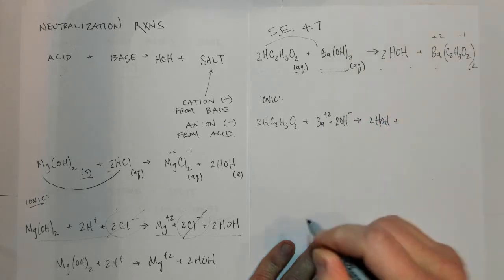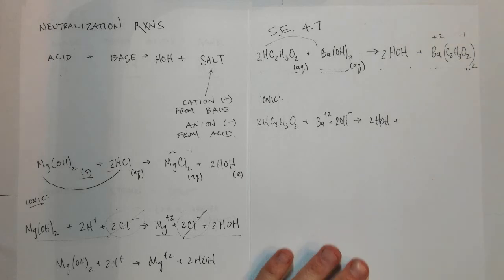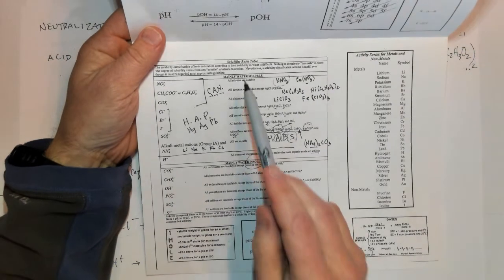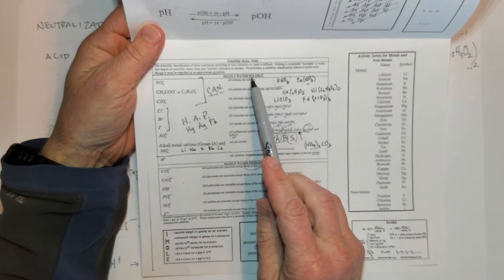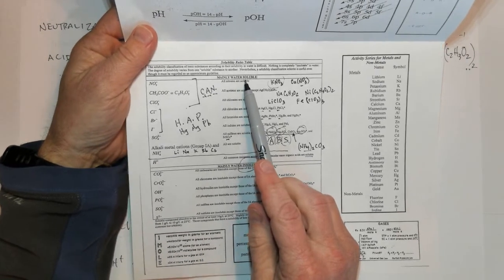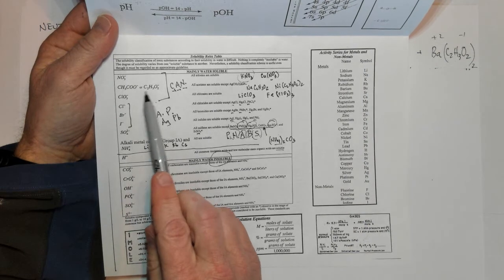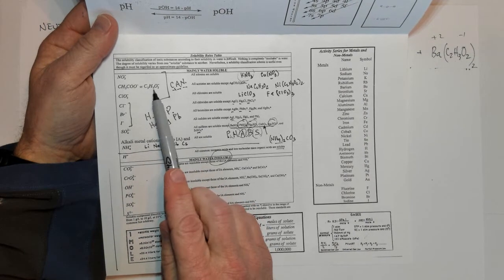It's 2HOH. And then over here on this side, we need to look on our solubility rules, because remember we made a salt right here, or an ionic compound, and we want to look and see if acetates are soluble, and look at that, they can be soluble right here.